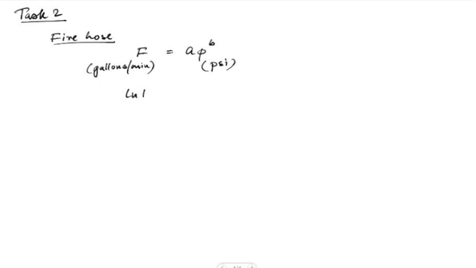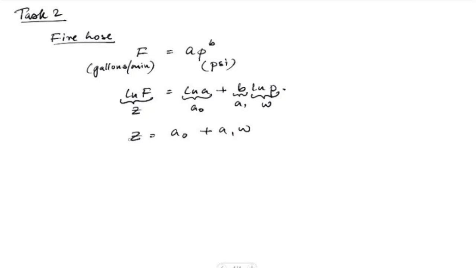So we'll have ln f equals ln A plus B times ln P. Here ln f we can call z, ln A is our A0, B is our A1, and ln P is W. This now is the linear regression line, A0 plus A1 times W. We'll now work out A0 and A1 like we did in task 1.